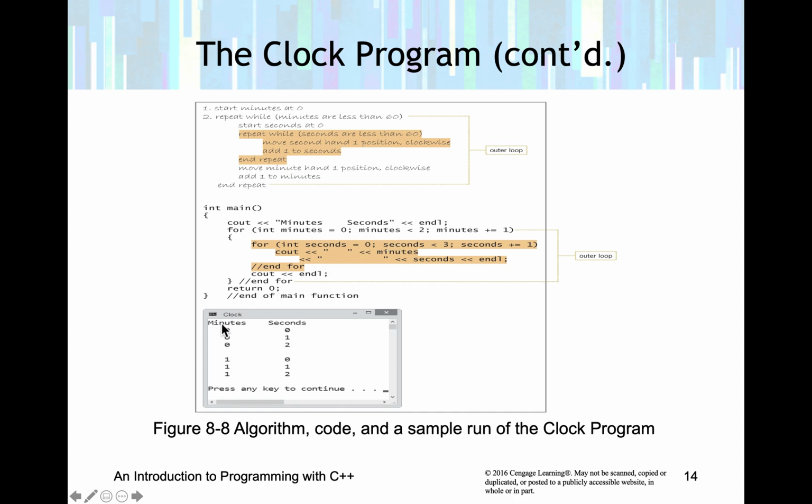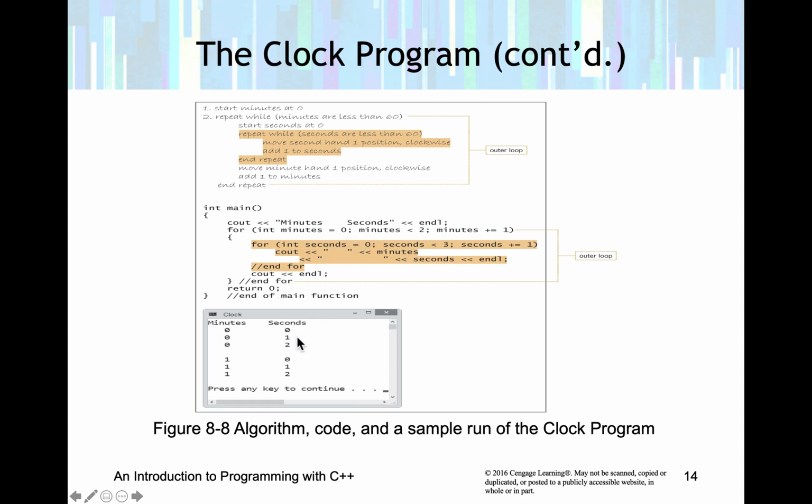So here's what it's going to output. The first time that this loop runs, minute is going to be 0, and then seconds inside, it's going to print out 0, 1, and 2.